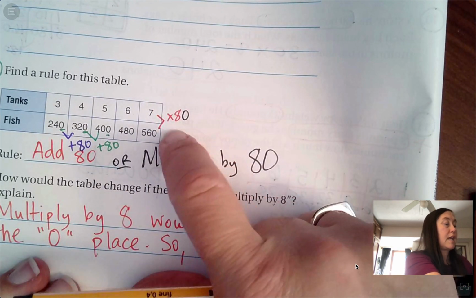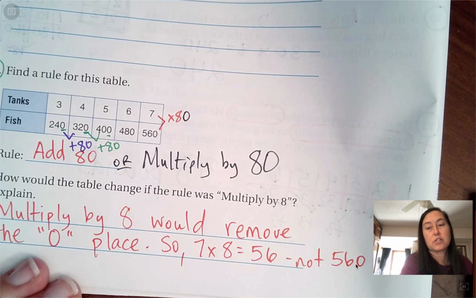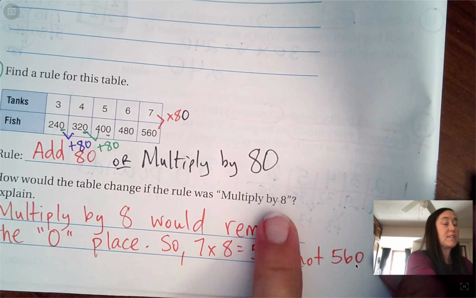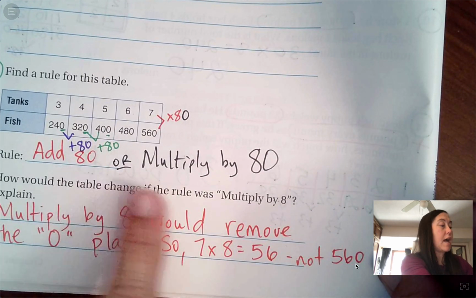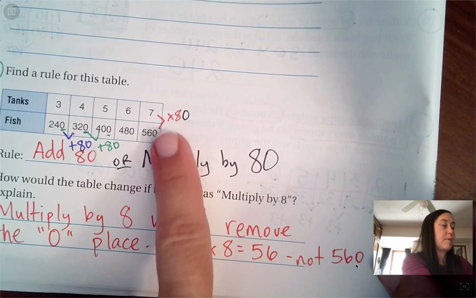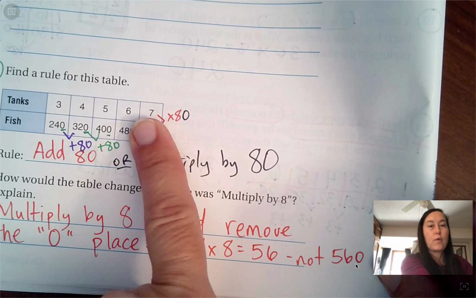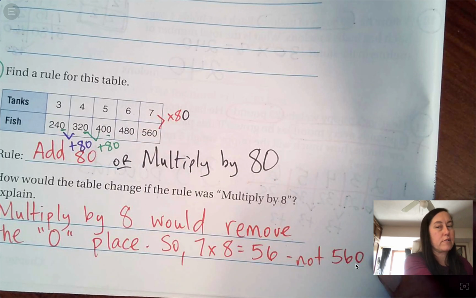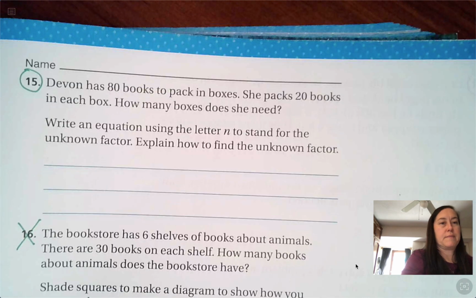The number of tanks times 80 gives you the number of fish. That makes sense. And if it was just multiplied by 8, you would not have the 0 in that number. It would just be 56, or it would just be 48. 6 times 8 is 48. 6 times 8 is not 480. All right, moving on. Number 15.